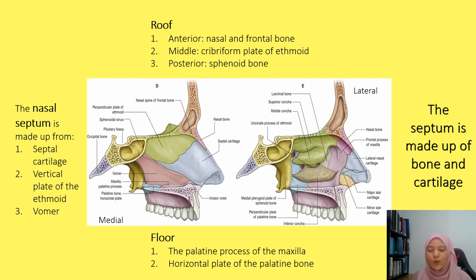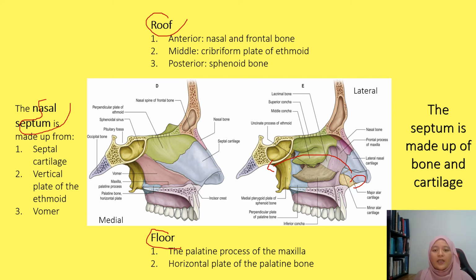So we're going to proceed with the nasal cavity. The nasal cavity starts from the nostril here down to the posterior part of the nasal cavity, or we call it the posterior nasal aperture, where it communicates with the nasopharynx. In the nasal cavity, we have the roof, the floor, and the nasal septum.